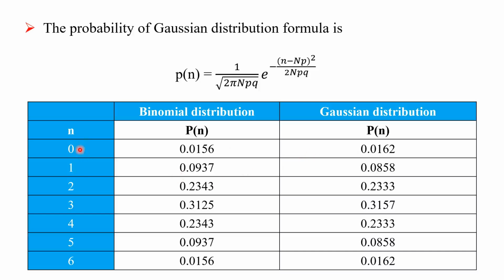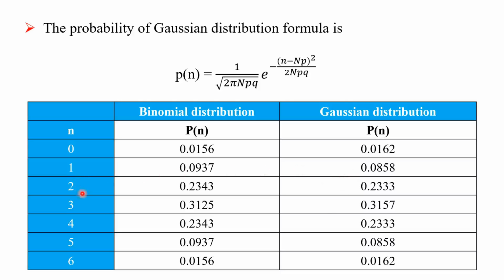For n is equal to 0, the binomial distribution value is 0.0156, and the Gaussian distribution value is 0.0162. For n is equal to 1, the binomial distribution is 0.0937 and the Gaussian distribution is 0.0858.